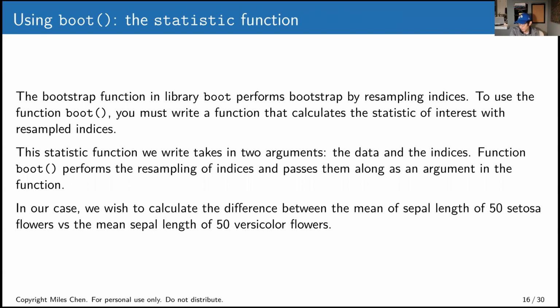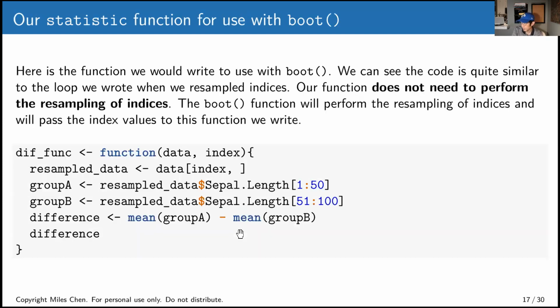Okay, so in this case, we want to calculate the difference between the mean sepal length of 50 setosa flowers versus the mean sepal length of 50 versicolor flowers. So this is what our function is going to look like. Okay, so here's the function that we would write.